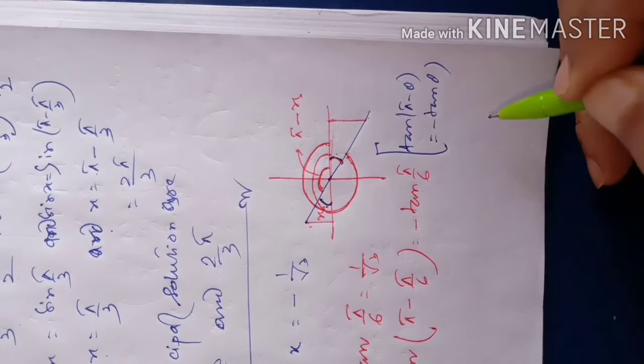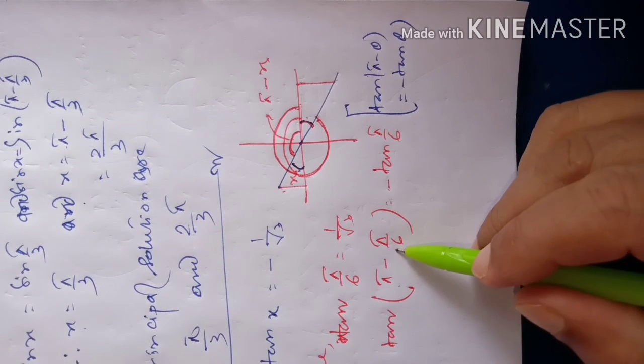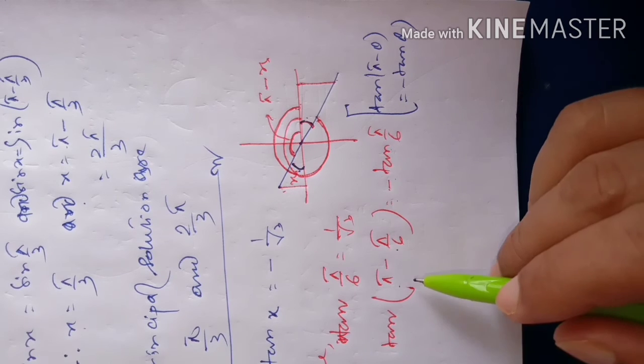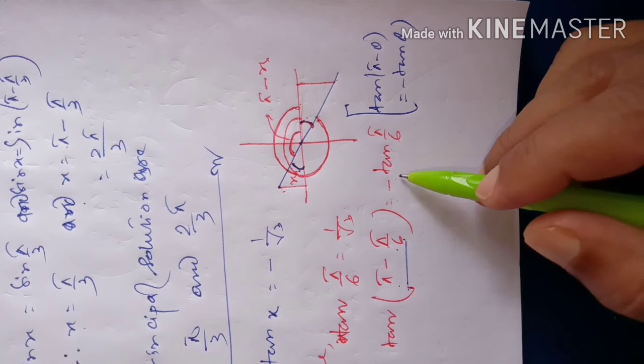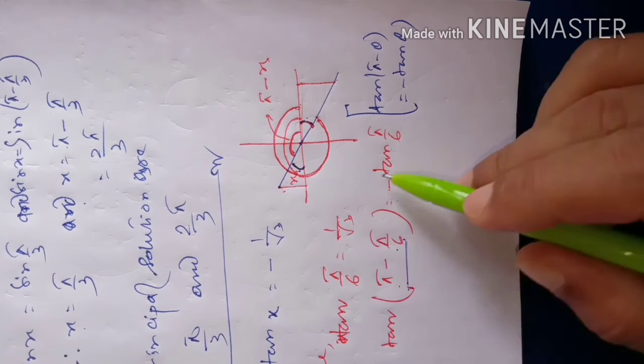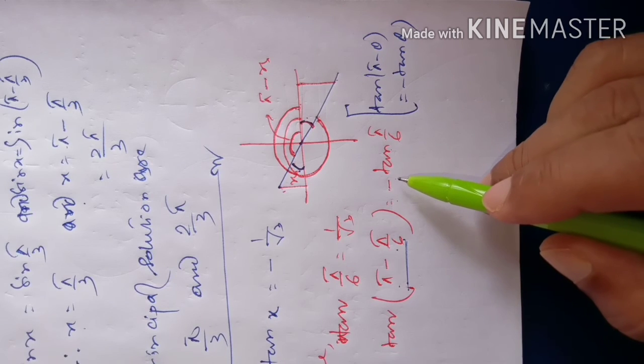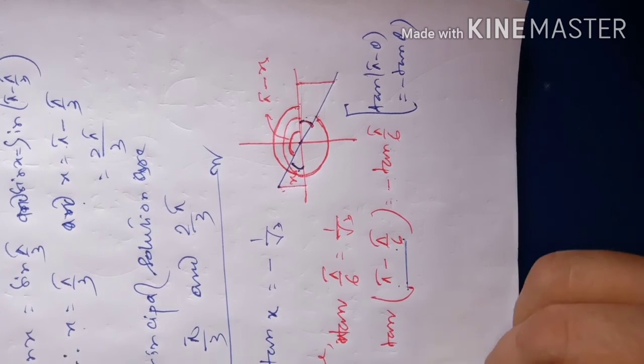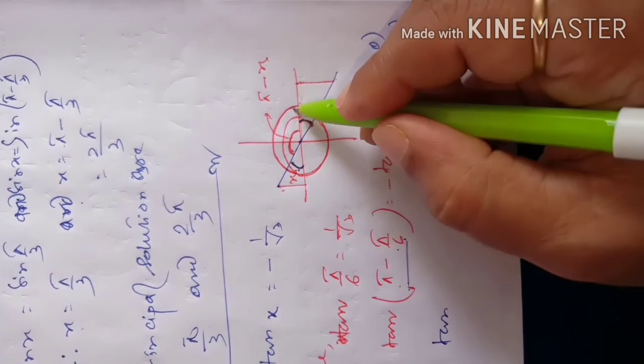You know it. So for this angle you will get minus 1 by root 3. Okay, dear students?